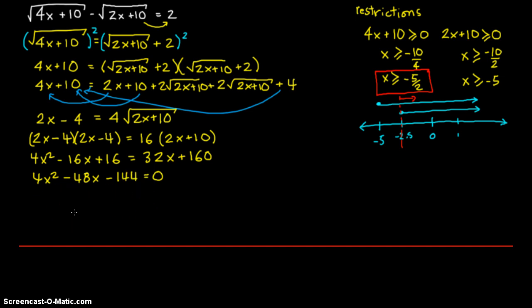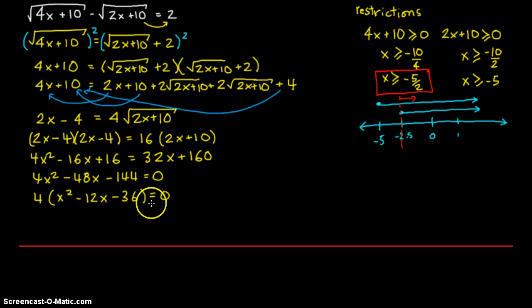So the question is, can I take anything out of this? Can I reduce this in some way? Well, yeah, I can take a 4 out of here, can't I? So I could take a 4 out of all the terms, and I'll be left with x squared minus 12x, since 4 times 12 gives me 48. And then minus 36 equals 0.